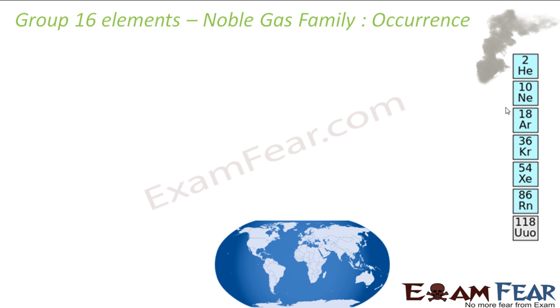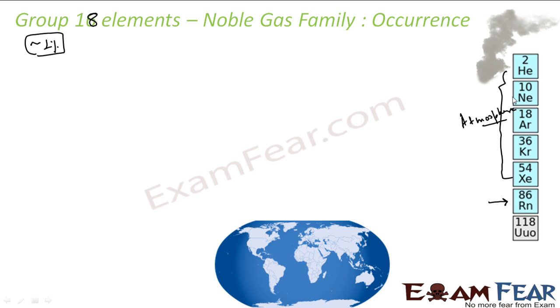Let's see the occurrence of these group 18 elements. Group 18 elements, the noble gas family. All these noble gases except radon exist in the atmosphere. If you talk about the atmospheric abundance in dry air, it is almost 1% for all these gases. Not individually, I'm talking about the combined value.